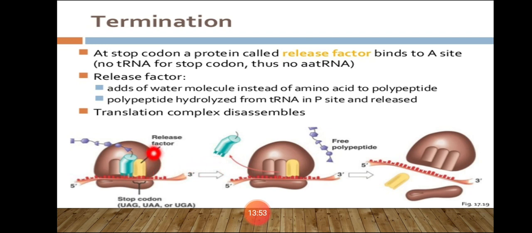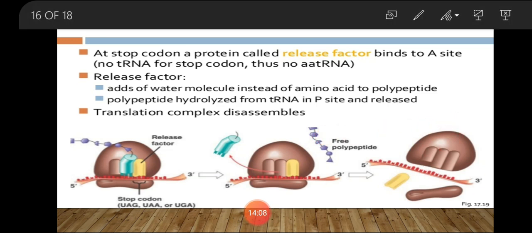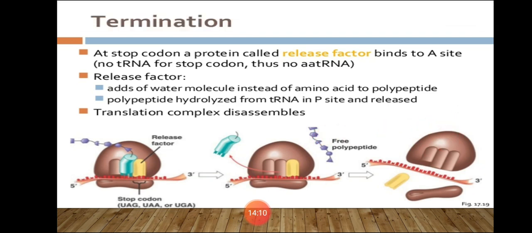Because of the stop codon, the release factor is working, and it releases the polypeptide chain into the cytoplasm. The two subunits are separated from each other and both are set free in the cytoplasm.